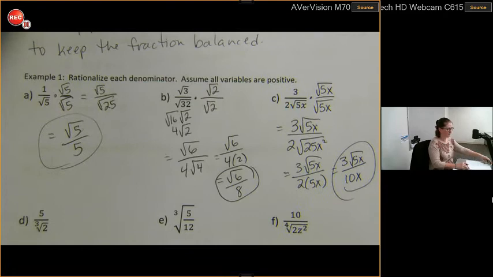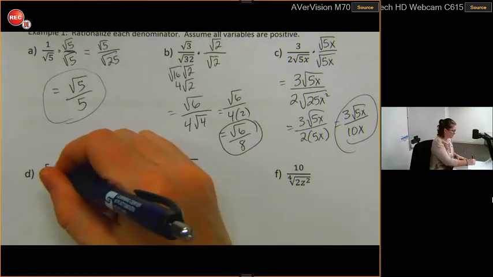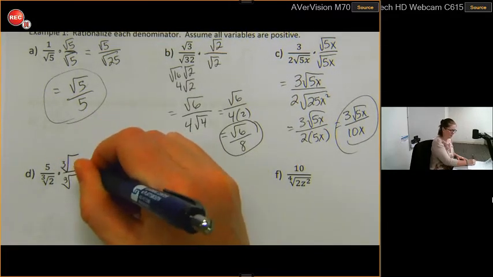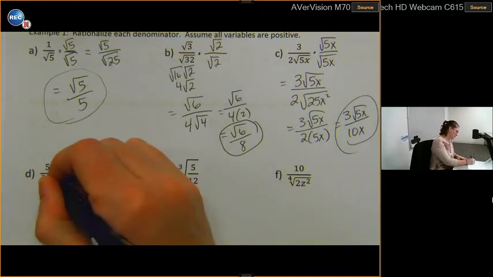All right, so what do I do if it's not a square root? Okay, if it's a cube root, I have to multiply it by the cube root to make a perfect cube. Well, if it's a perfect cube, that means its exponent is 3. So here I have 2 to the first.